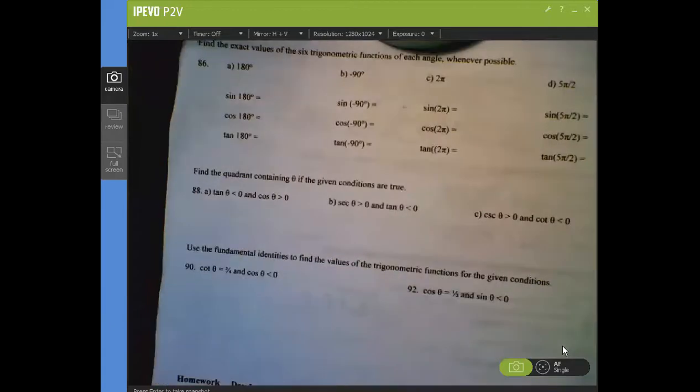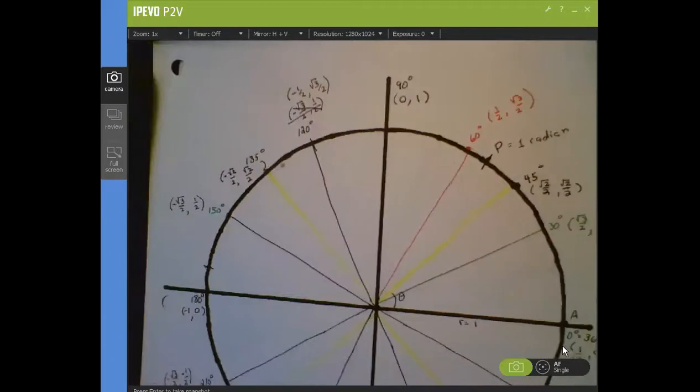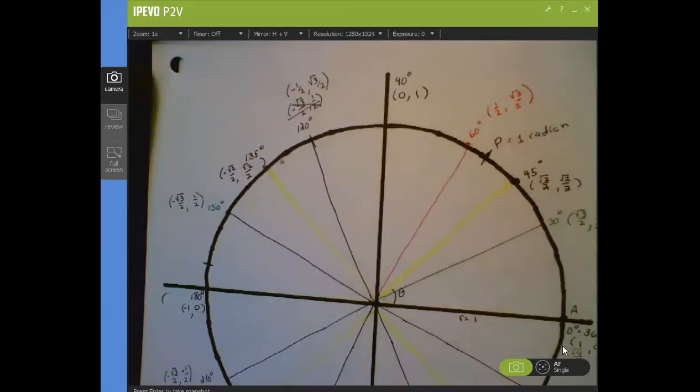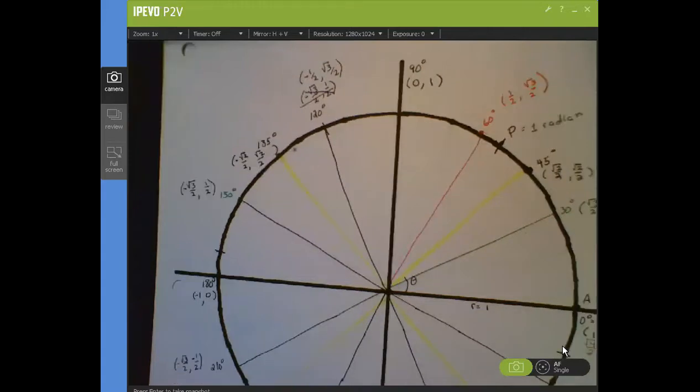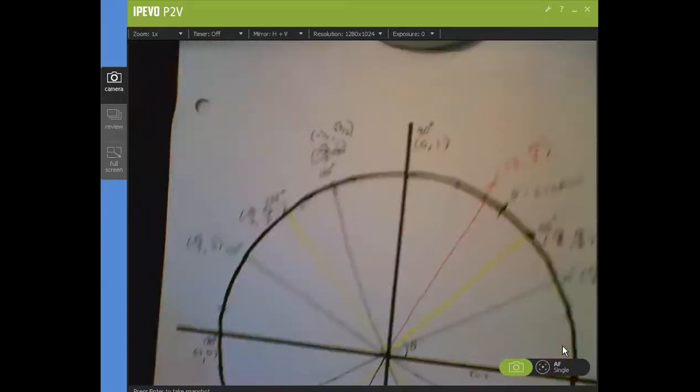They're all quadrantal angles, which means the terminal side lies on either the X or the Y axis. If you pull out the beautiful well-labeled unit circle that you have and look, let's say at the D part, 5/2 pi, you just have to figure out where 5/2 pi is.